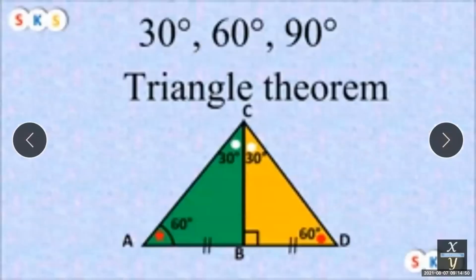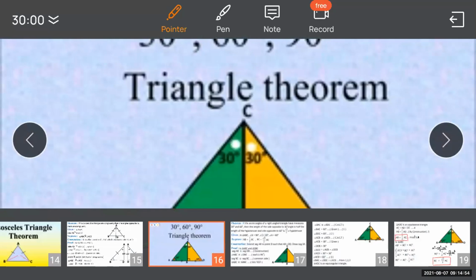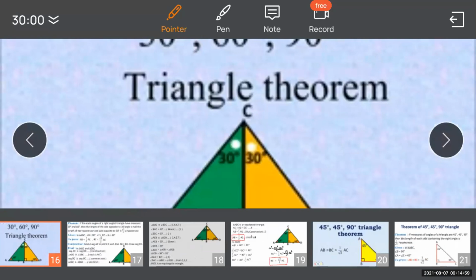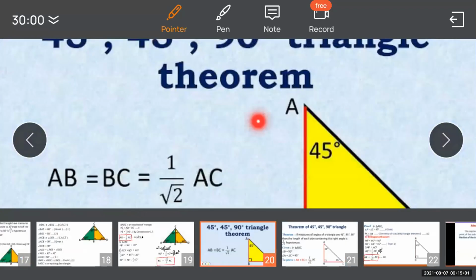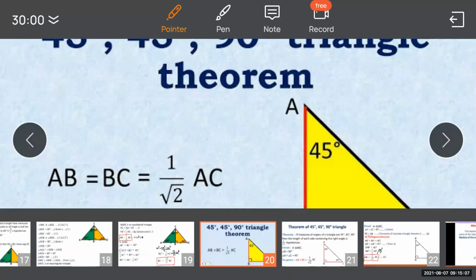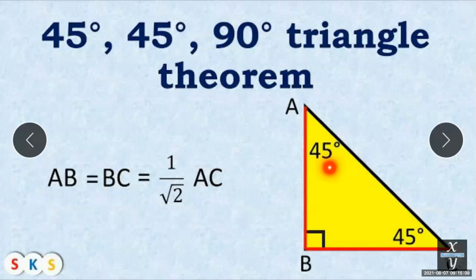Now we will go to the next theorem, that is the theorem of the 45 degree, 45 degree and 90 degree triangle. In the diagram, you can see this is a type of triangle whose angles measure 45 degree, 45 degree and 90 degree.